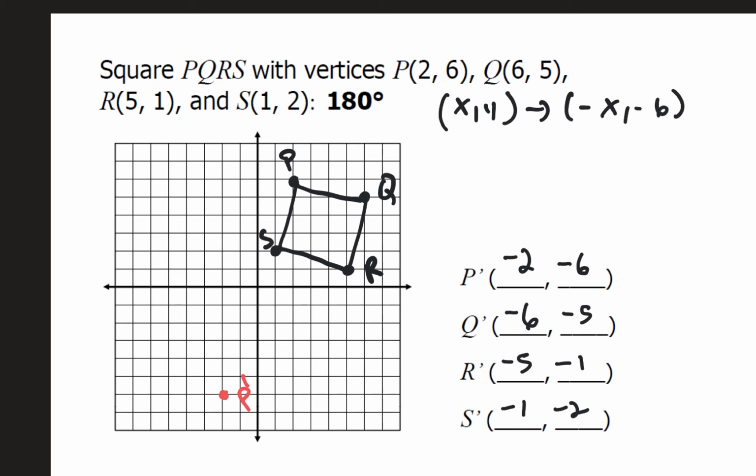Q prime is (-6, -5). R prime will be (-5, -1). And then we have S prime, which is (-1, -2). Connect the points.